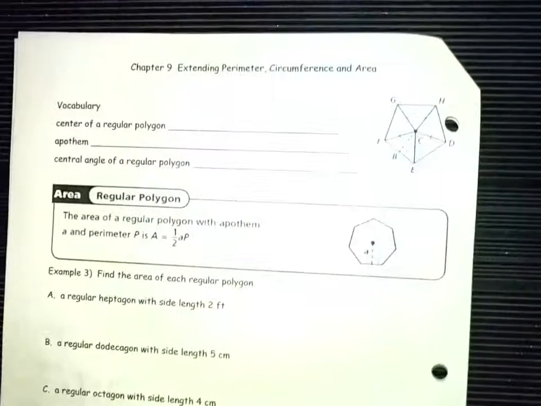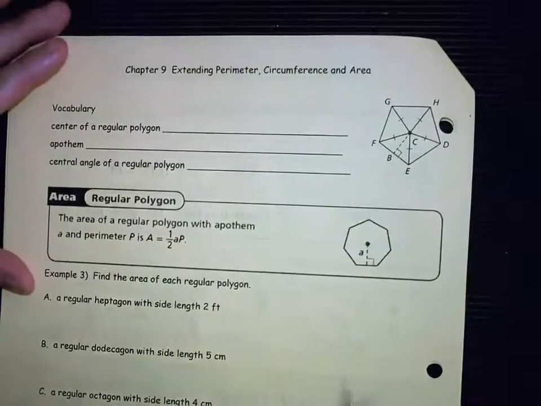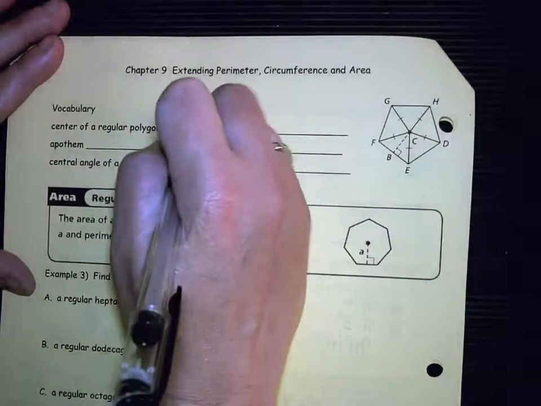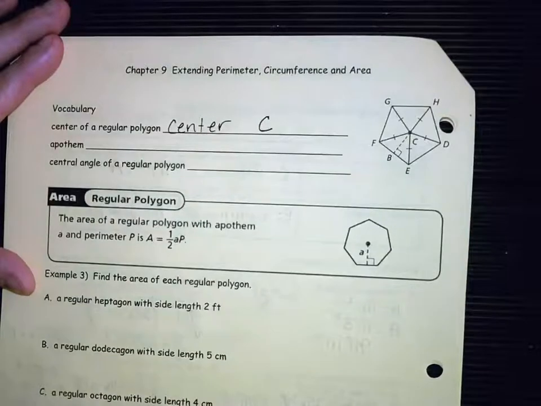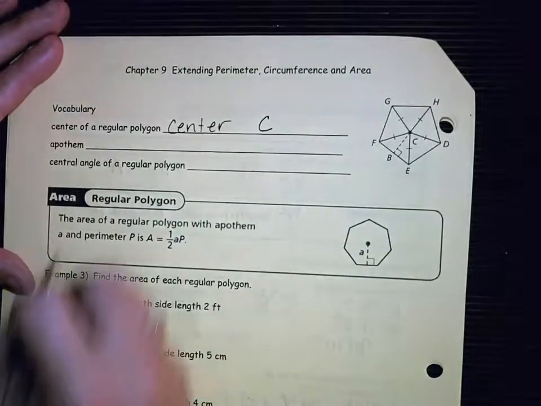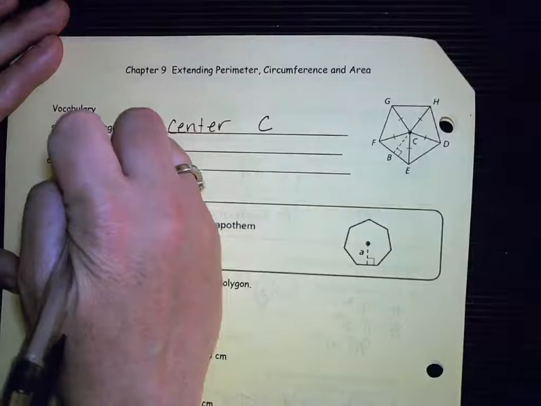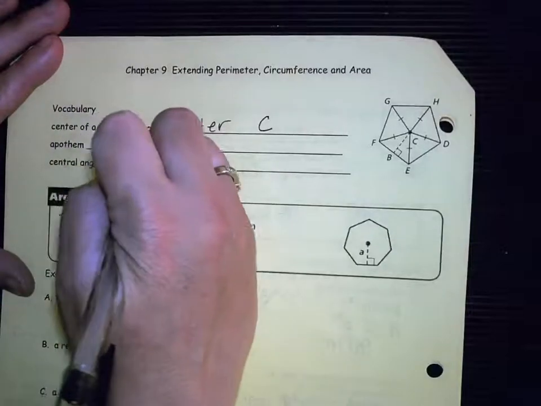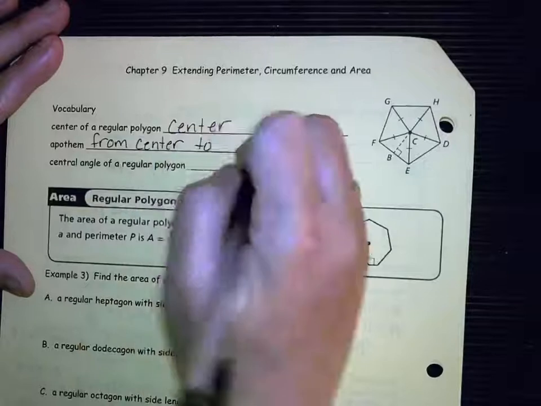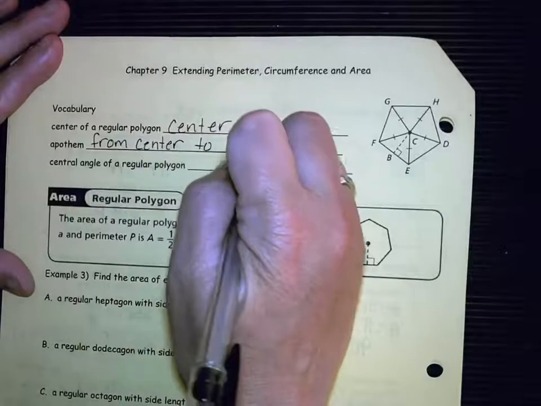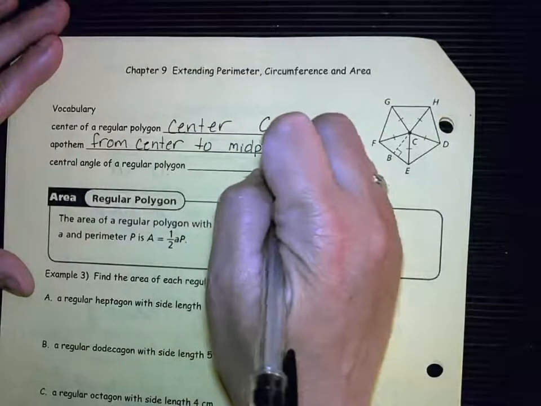At the top of the next page, we get to our regular polygon. The center of the regular polygon is simply the point in the center. In this case, it's C. The apothem is the segment drawn from the center of the polygon to the midpoint or the center of the side.